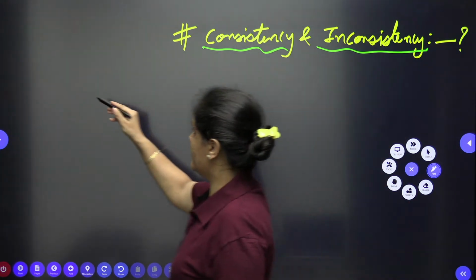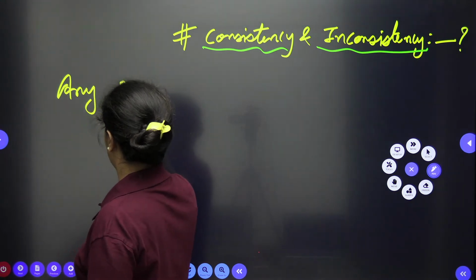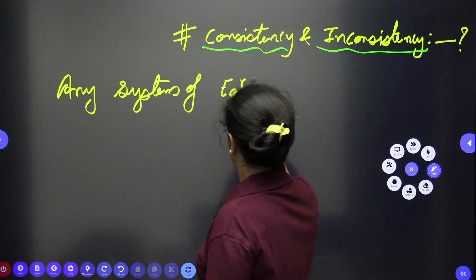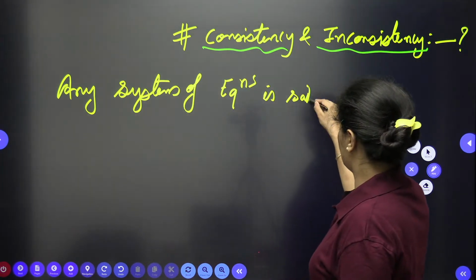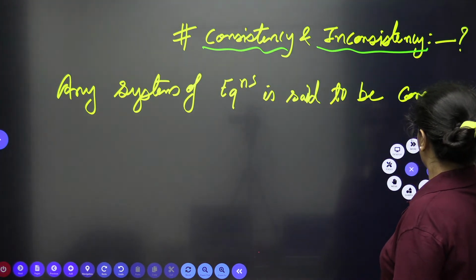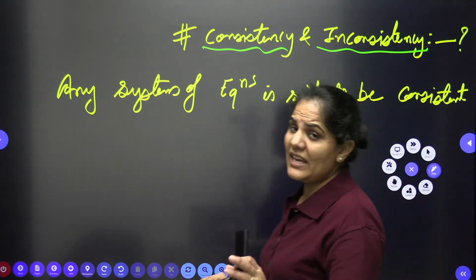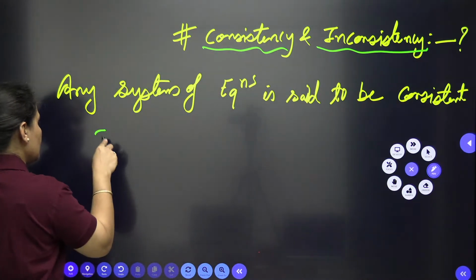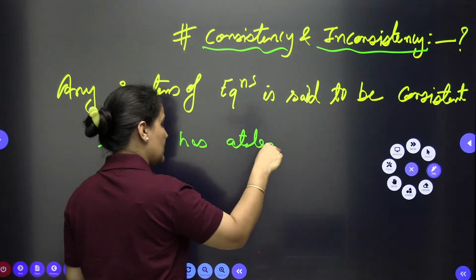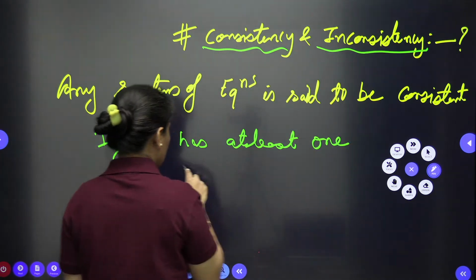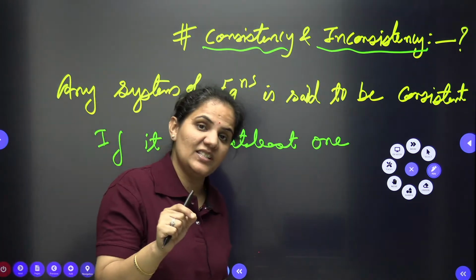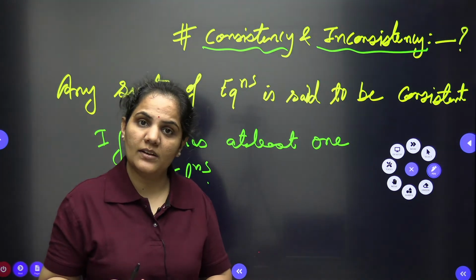So for consistency, you can write down here: any system of equations is said to be consistent if it has at least one solution, because this is very important. You need to understand this. So my system of equations is said to be consistent if it has minimum one solution.